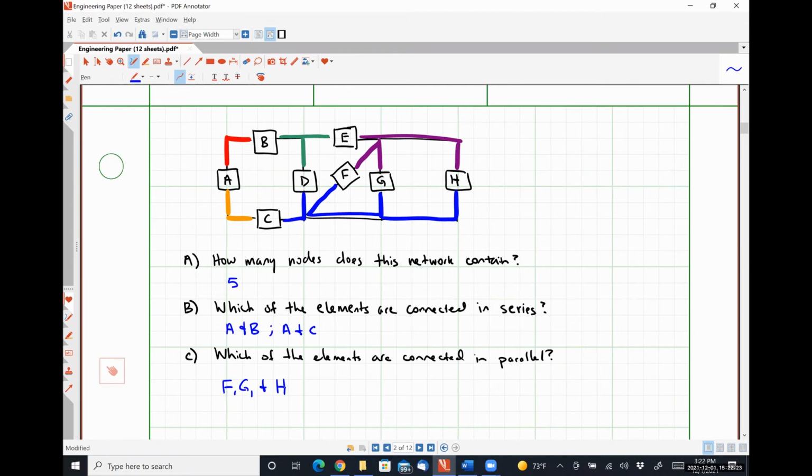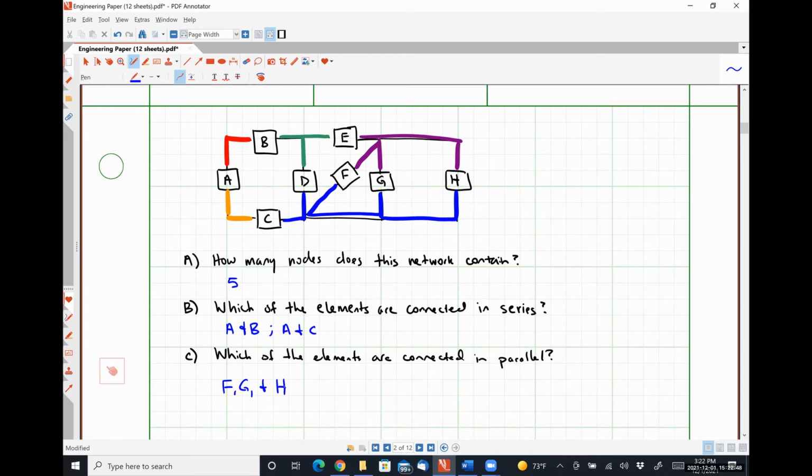So Anita, why isn't E in parallel with F, G, and H? Exactly right, because one leg of the element E is connected to green instead of blue, so it's not in parallel.